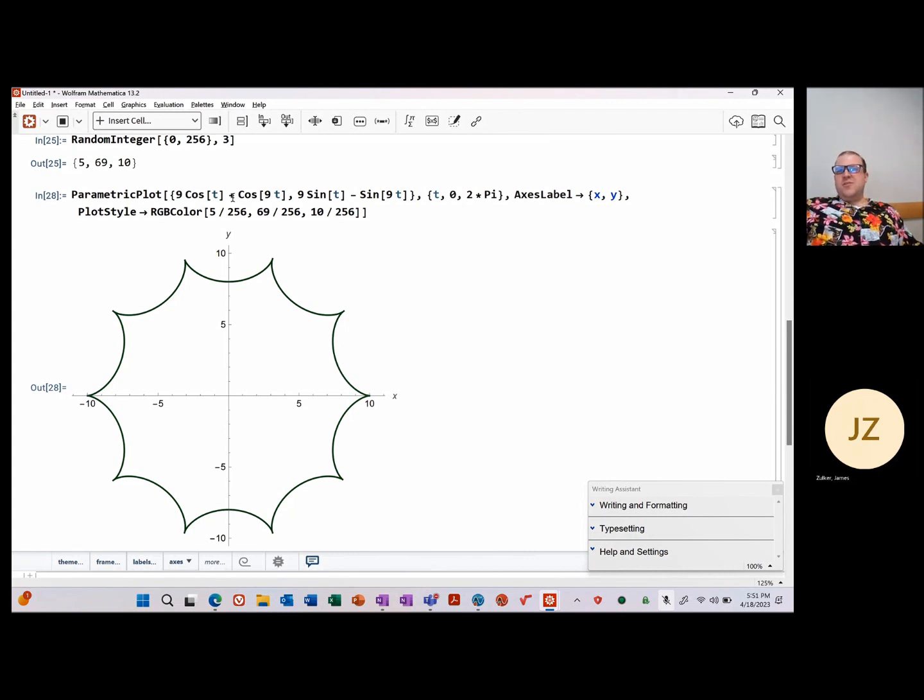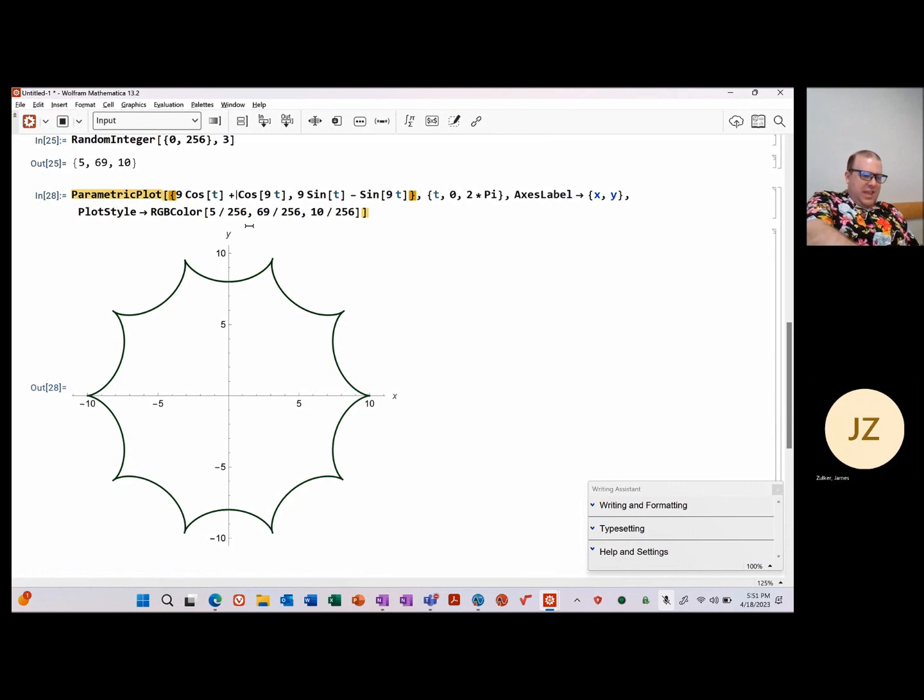Like one of those comic book owls, right? The one I wanted to look at, I think that becomes minus. Yeah. So it's minus cosine of 9t instead of plus.